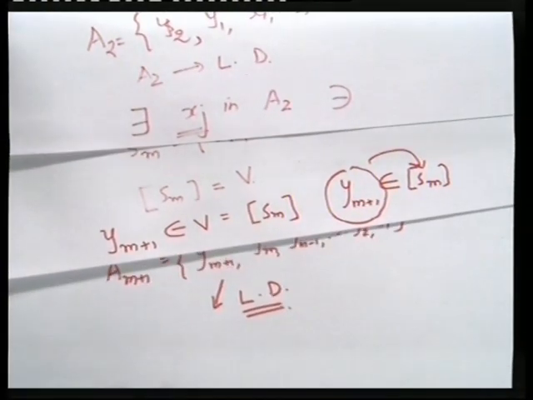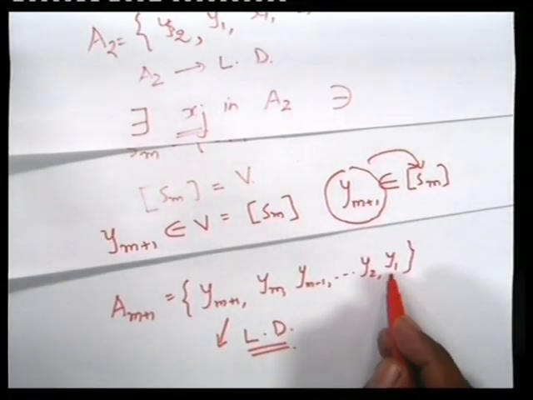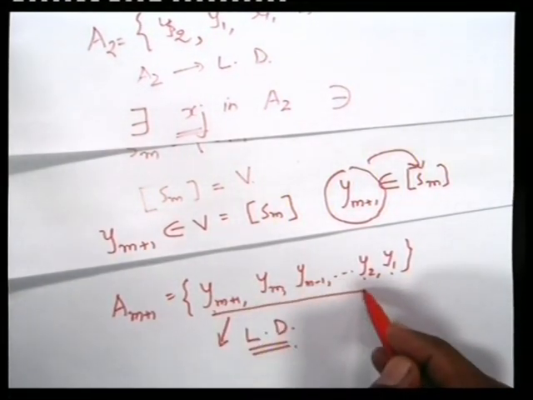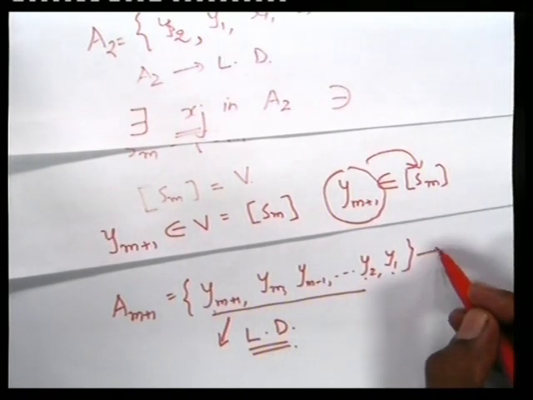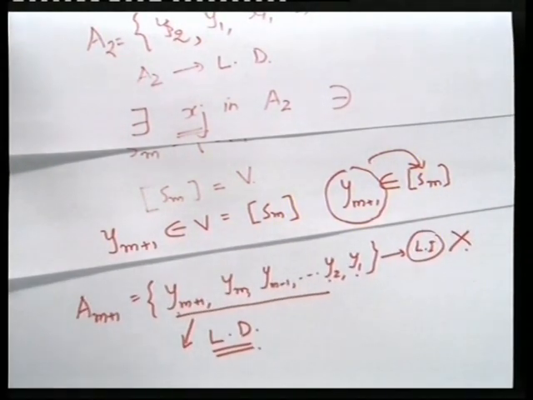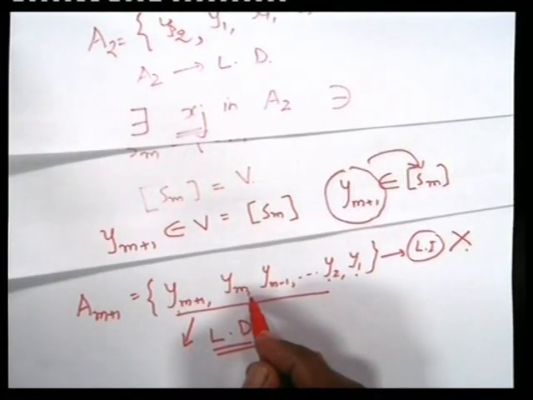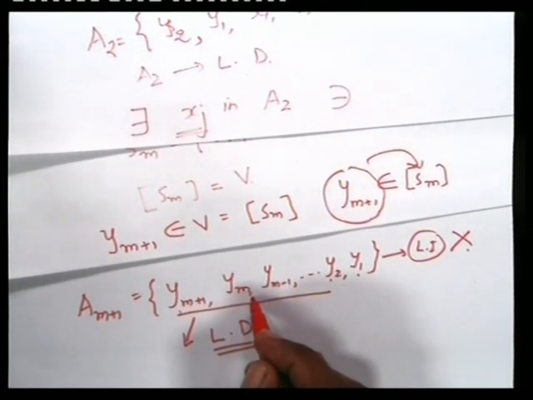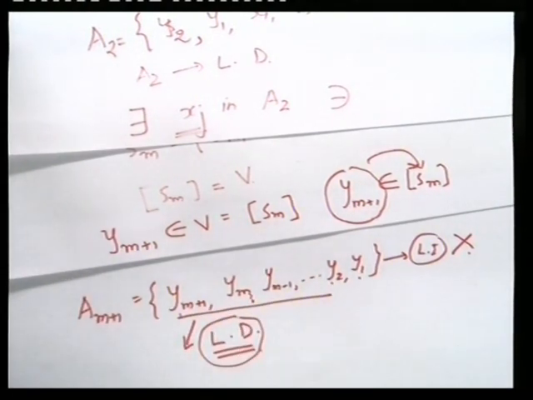But previously we supposed that the set y1, y2, y3 up to ym plus 1 is a linearly independent set, which is wrong. Hence, any set containing more than m vectors in a vector space whose dimension is m will definitely be linearly dependent.